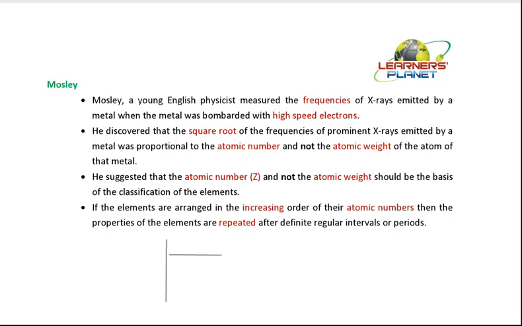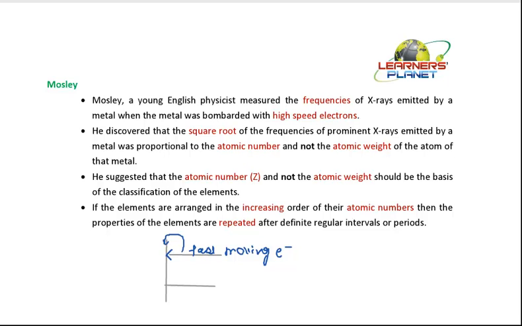These fast moving electrons transfer their energy to the metal, as a result of which certain rays are emitted.